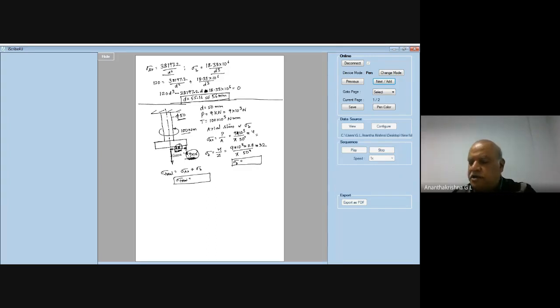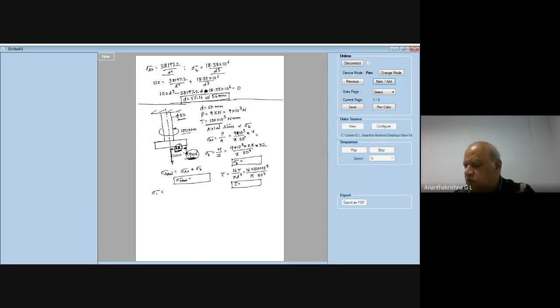At the same time, the shaft is subjected to a torsional moment of 100 into 10 power 3 Newton millimeter. So the torsional moment will give shear stress, given by 16T by pi d cube. So 16 into 100 into 10 power 3 Newton millimeter divided by pi into 50 cube will give you shear stress. Then you are asked to find the maximum tensile and maximum shear stress.